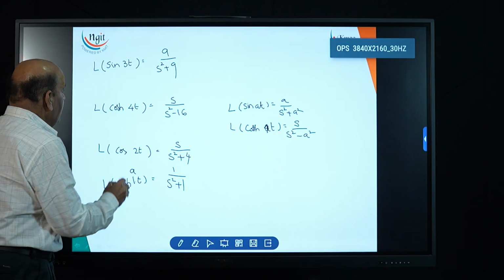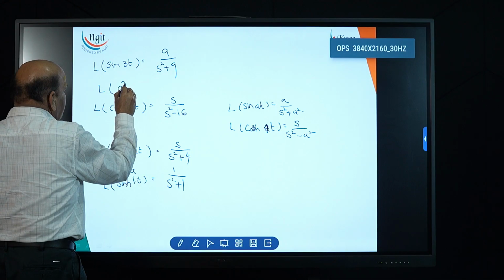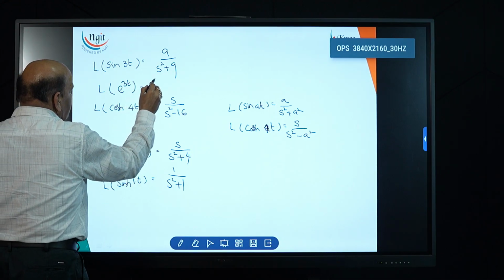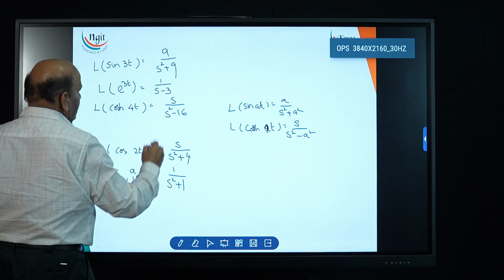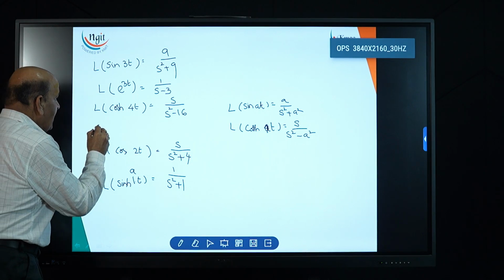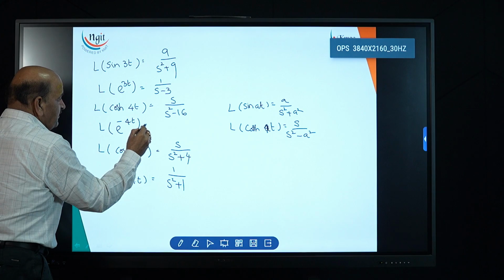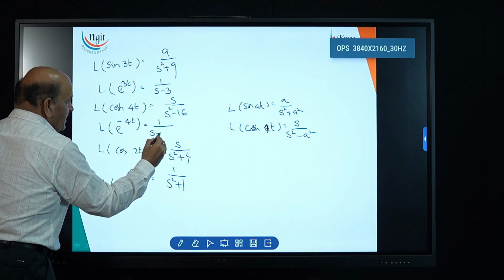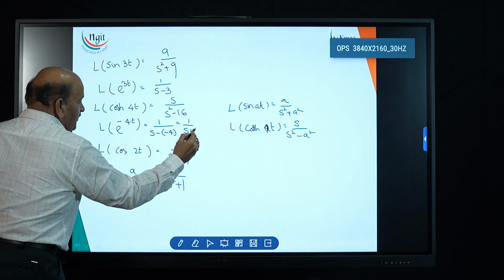One more point. What is the Laplace transformation of e power 3t? The e power at formula is 1 by s minus a, so that is 1 by s minus 3. Now, what is the Laplace transformation of e power minus 4t? This is equal to 1 by s minus a, s minus of minus 4, that equals 1 by s plus 4.